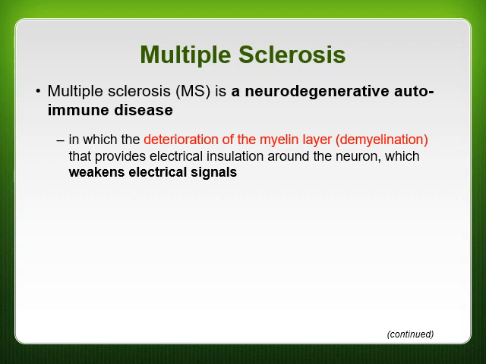Well, this disease results in a deterioration of the myelin layer that surrounds each individual neuron, or demyelination. And what this myelin sheath, this layer that goes around each individual neuron, does is it helps to send the electrical impulses that control movement, that stimulate the nervous system.